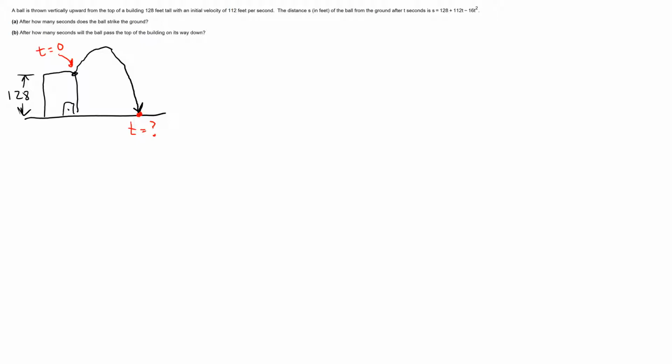All right, so we're given this equation, S equals 128 plus 112t minus 16t squared. In this equation, t is time in seconds, and S is the distance the ball is from the ground. So S is the height.